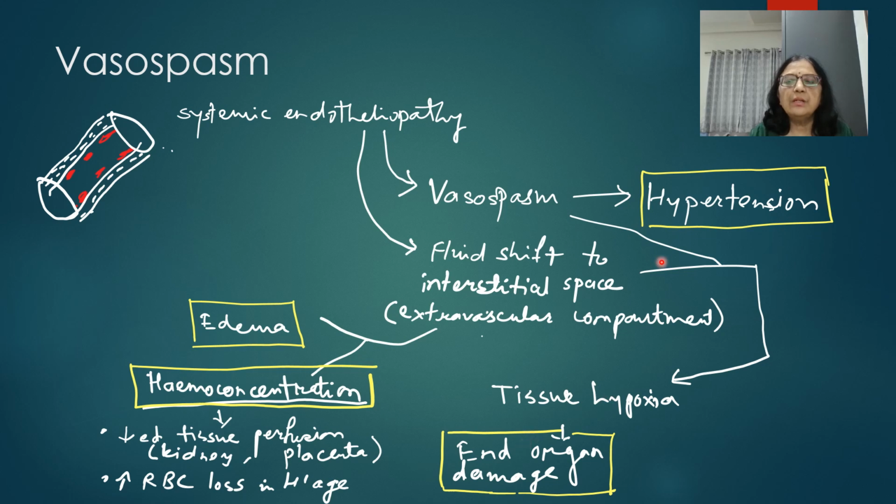So these are the clinical effects. Hypertension is there, end organ damage is there, edema is there, and with hemoconcentration, whenever a patient has hemorrhage, she might not be able to even tolerate normal blood loss, because whatever she is losing is the RBCs, and tissue perfusion is also adversely affected.